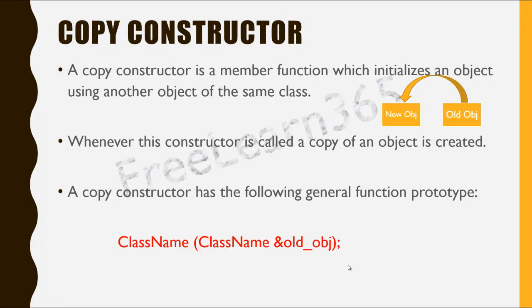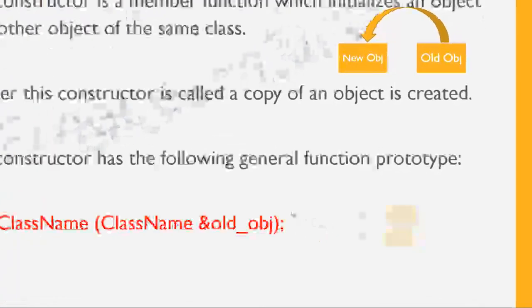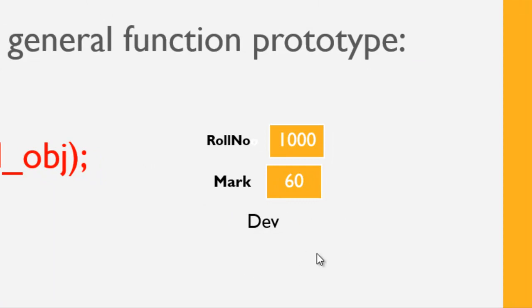For example, I create an object Dave. It has two fields to store values. They are roll number and mark. I store 1000 to roll number and 60 to mark. Now I am creating another object Ava. Ava and Dave are of the same class.